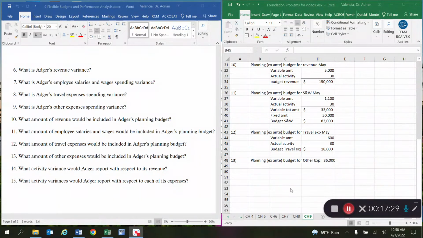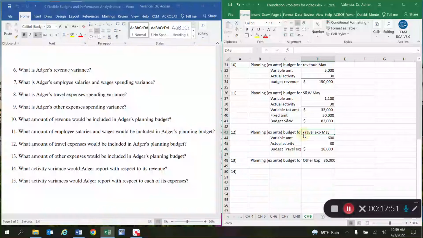Okay, now moving on to 14. Under 14, they're asking us about activity variances with respect to revenue, and 15 is with respect to all the other expenses. So maybe I should be a little bit more clear here, okay? The variances that we just did are spending variances, okay?